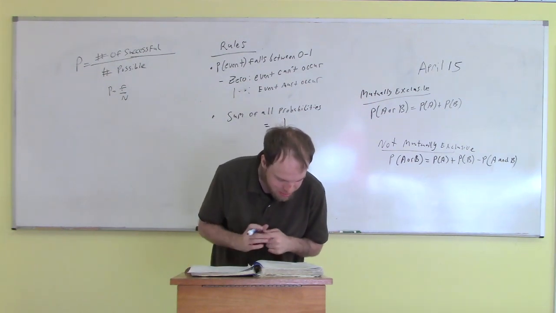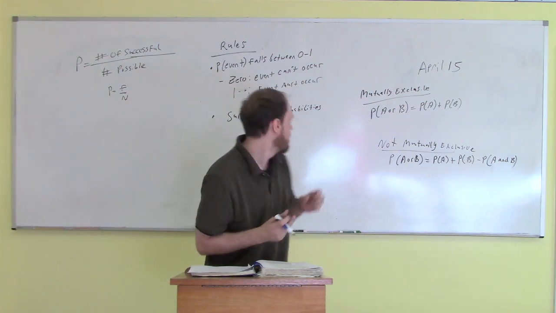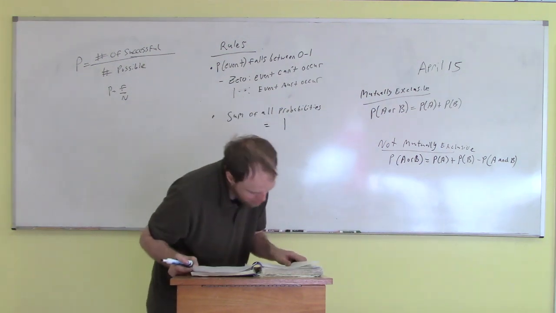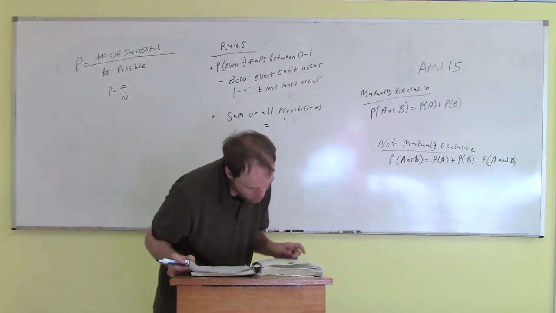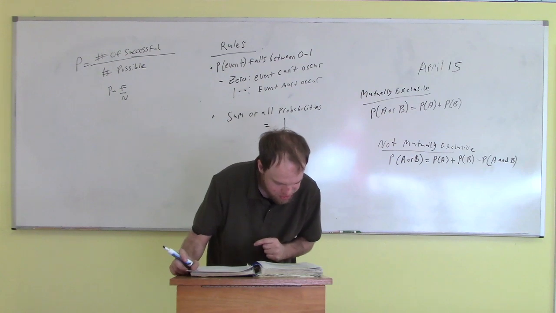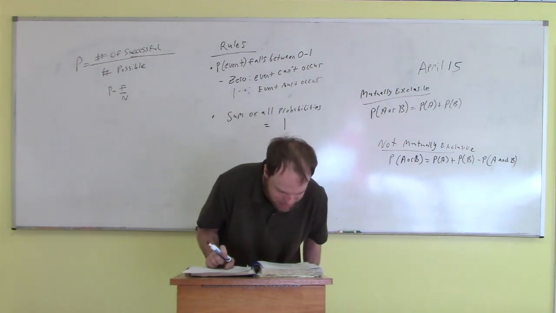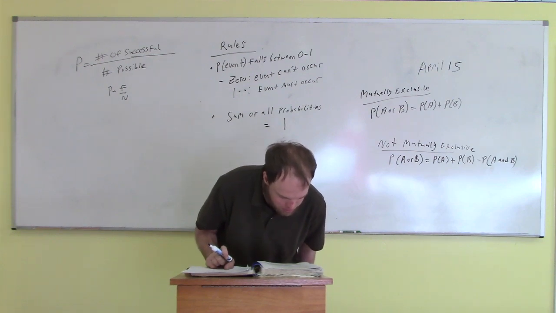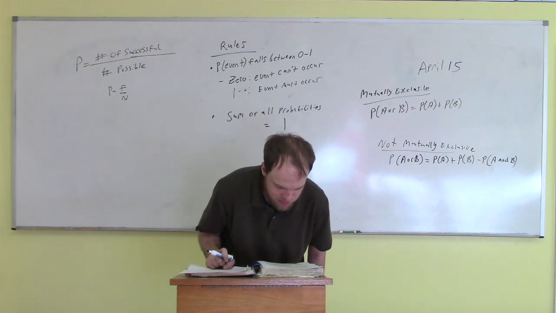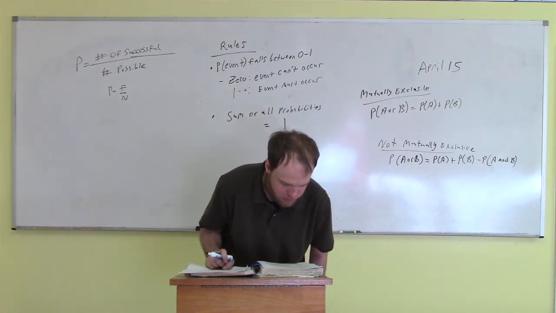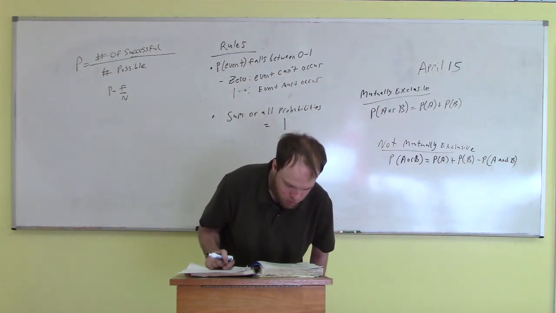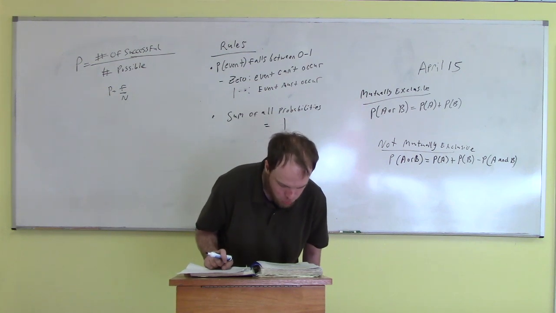So looking at how we actually do these, you have a couple definitions. You have mutually exclusive. The definition for that is an event A and event B are mutually exclusive if the occurrence of event A makes the occurrence of event B impossible. Either one or the other can take place, but not both.